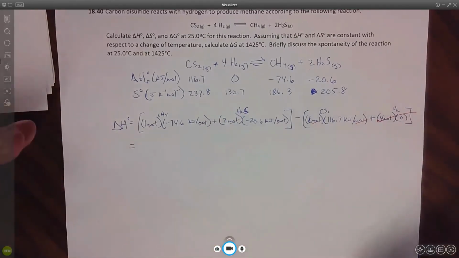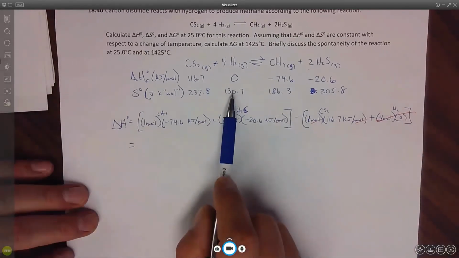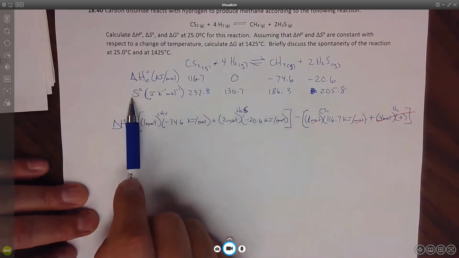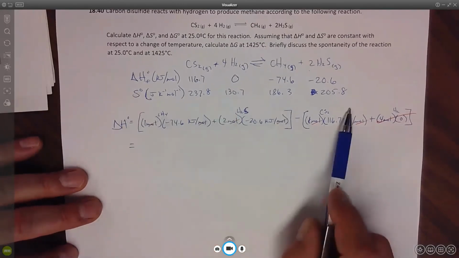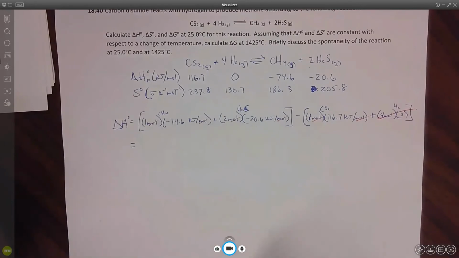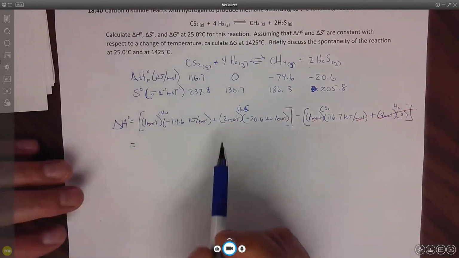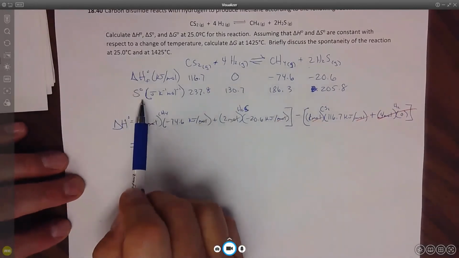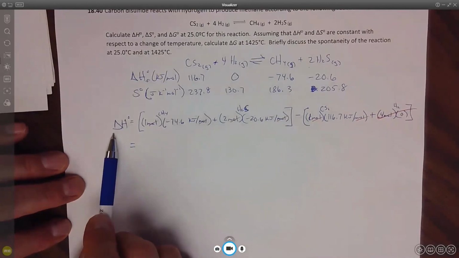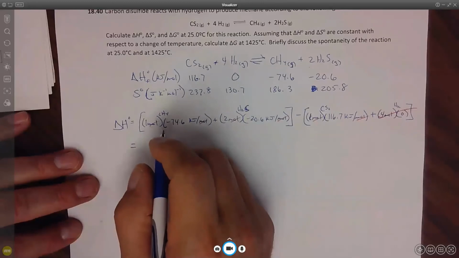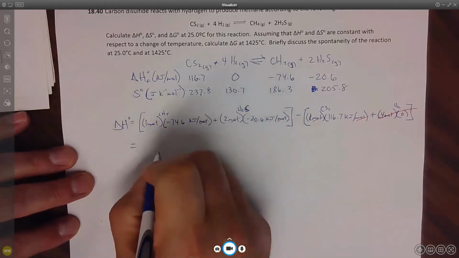And again, remember for the elements, the absolute entropies are never zero. They're always going to be some positive number. That's why I looked them both up, because I'm going to do this again for the change in entropy.